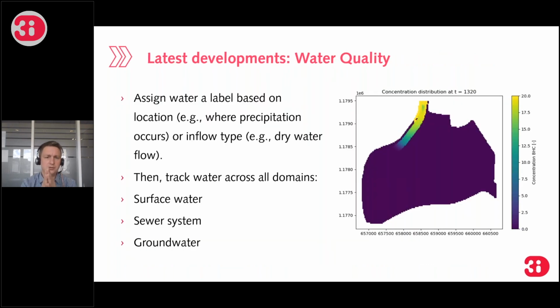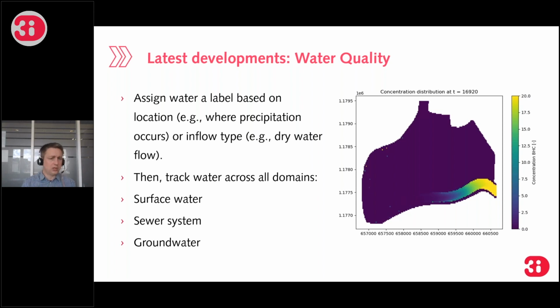The latest developments coming shortly is the water quality, where you can assign water a label, and it's based on the location, for example, whether rainfall occurs, or the inflow type, for example, dry weather flow, and then you can track the water across all the domains. So you can see whether the sewage water is going into the surface water, how much that is, and how it actually goes into this kind of system.